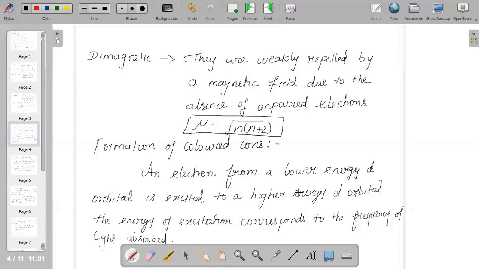Hence, the colored nature of the transition metal cation is because of the promotion of one or more unpaired d electrons from a lower level to a higher level, but within the same d subshell.